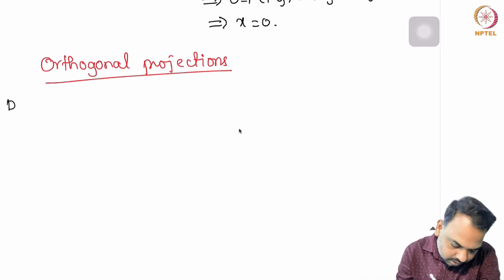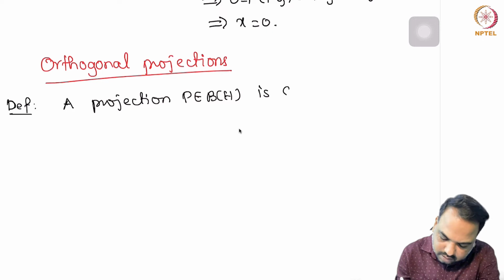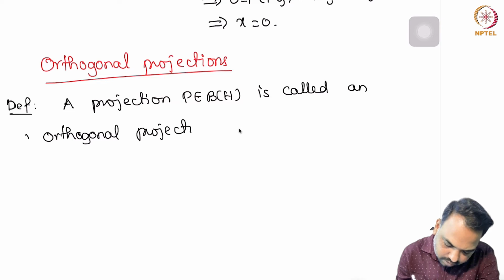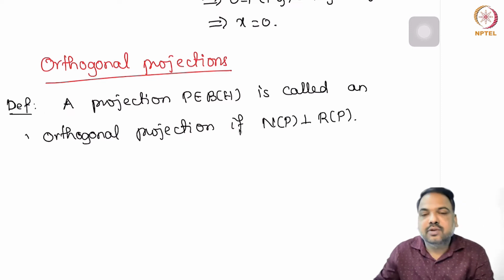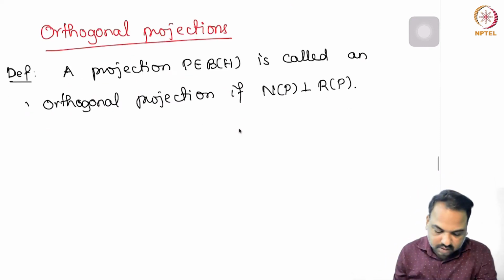So, definition: a projection P is called an orthogonal projection if null space of P is orthogonal to range of P. We have seen earlier that if P is a normal operator, then the null space and range space are orthogonal to each other.